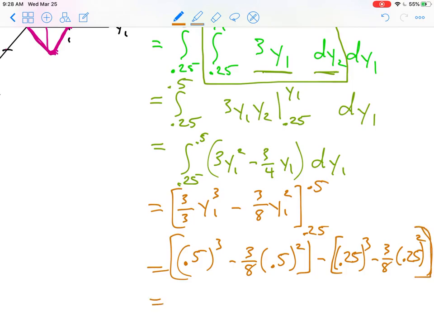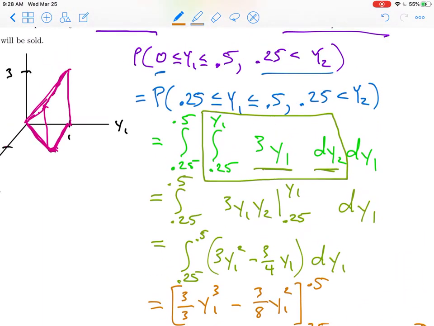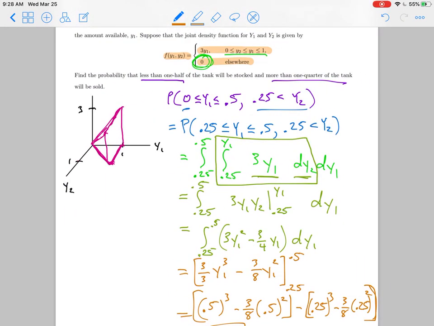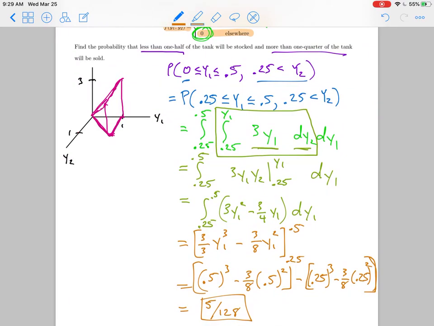And then, if we do all that, we'll get 5/128. All right, perfect. So that is our answer. The probability that our stock is less than 1/2, but more than 1/4 of the tank is sold, that probability is 5/128. All right, we'll take a look at our next section next time.